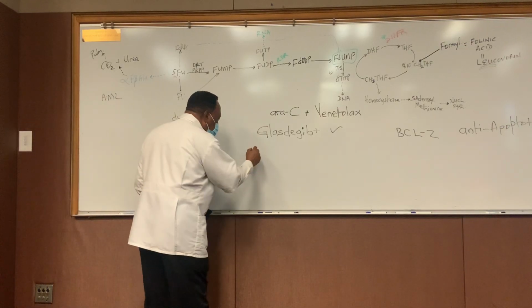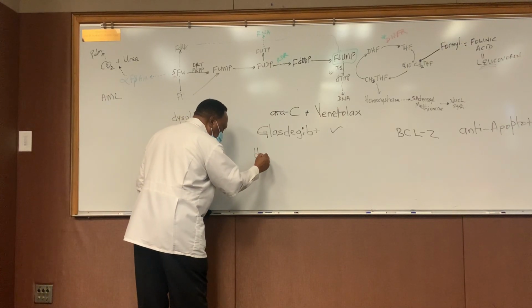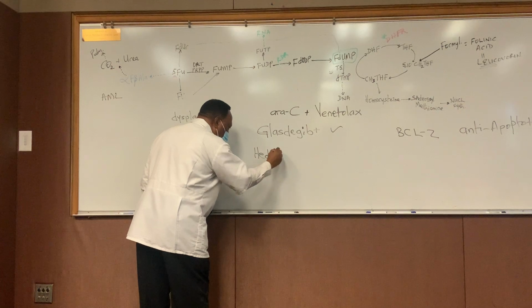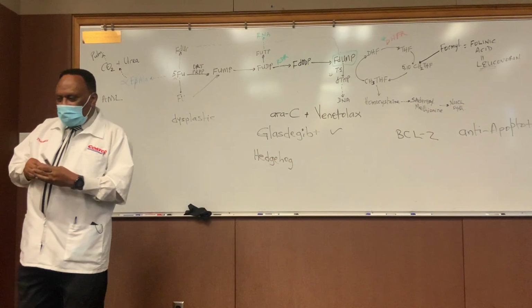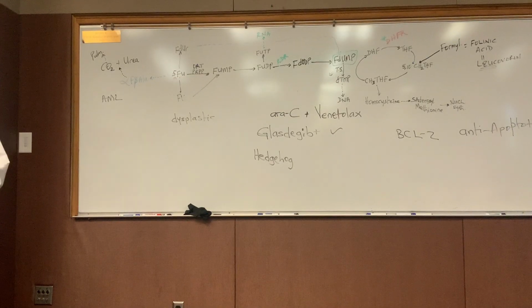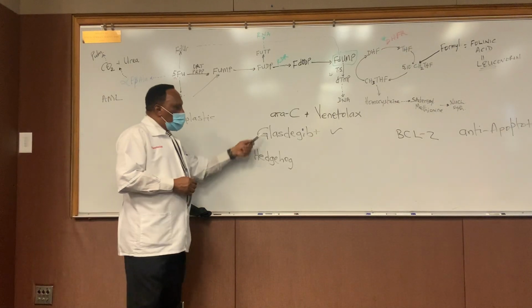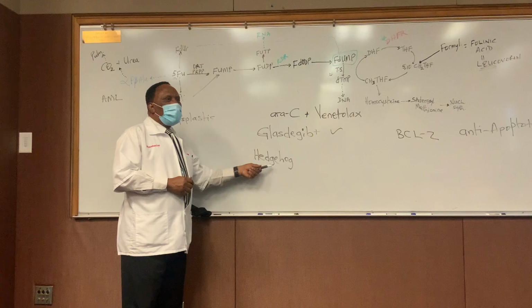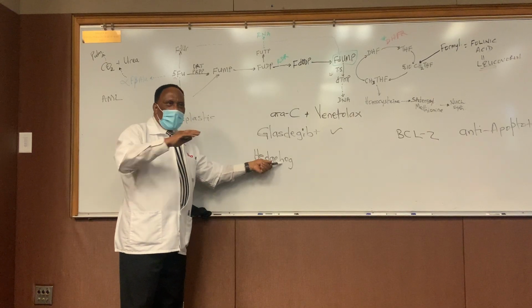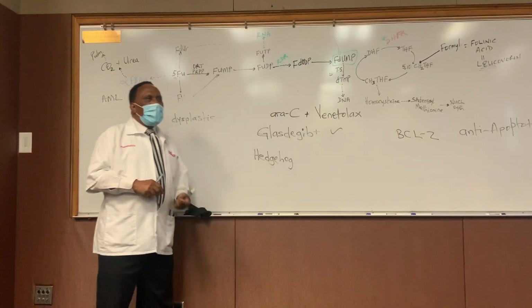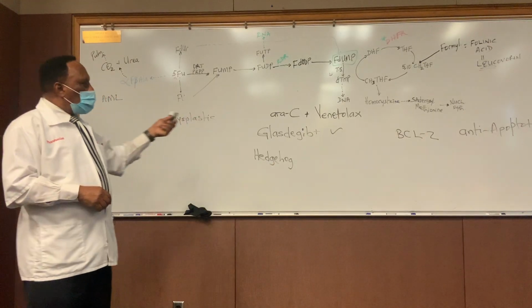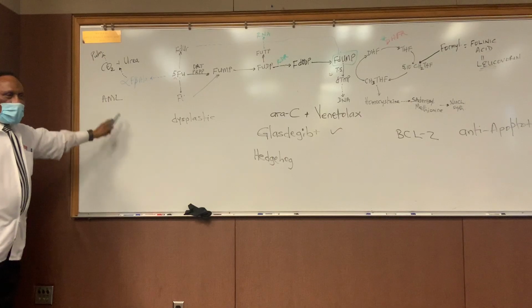There's a certain protein that is called hedgehog, which is involved in cell-to-cell communication. Okay. So glasdegib would eventually inhibit this hedgehog pathway, transmission or translation pathway. And that's how it works, and it's used for AML.